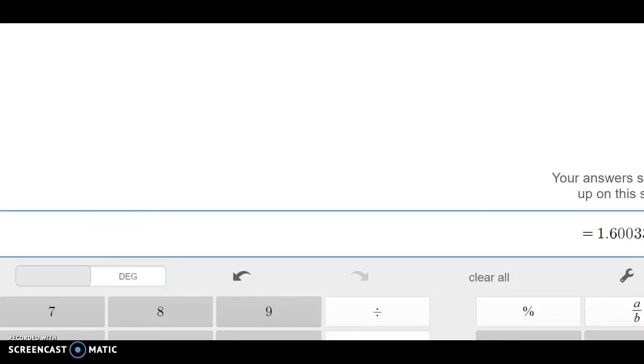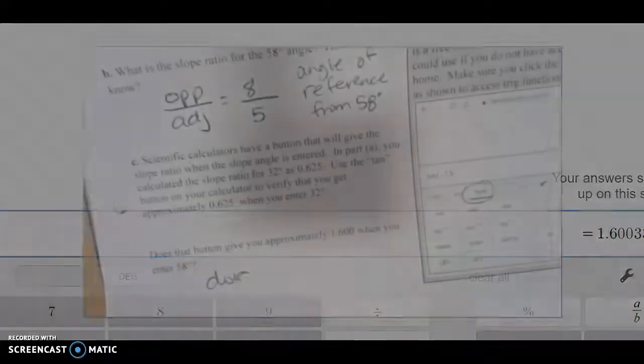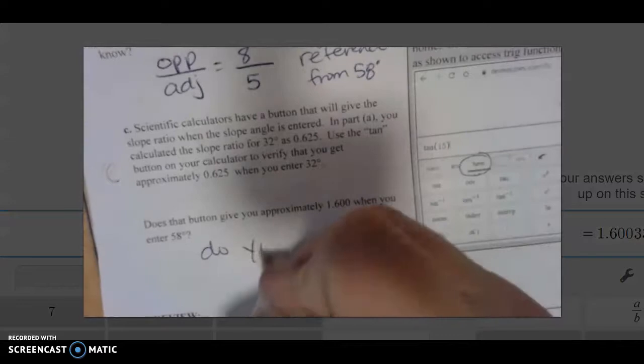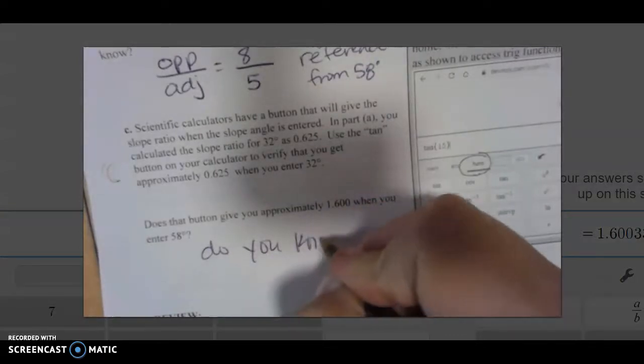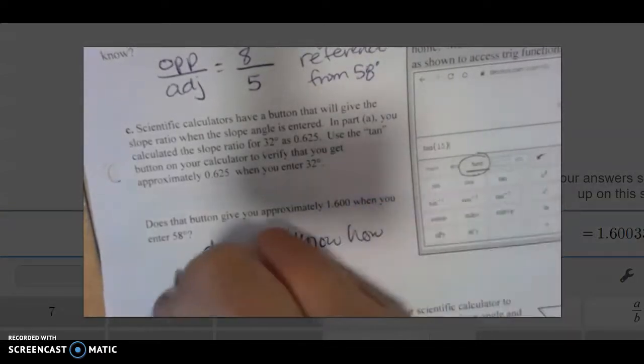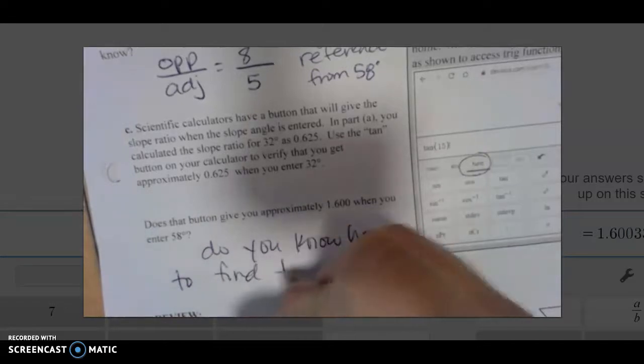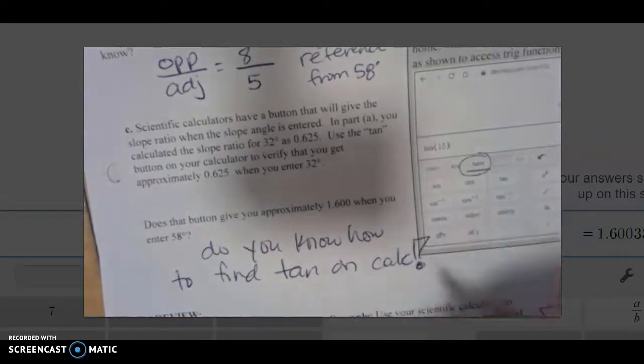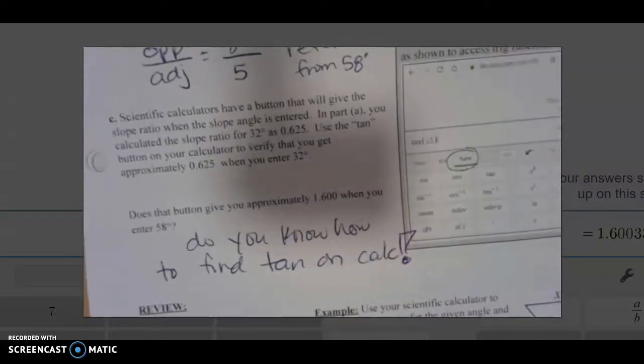All right, so we're going to go back to our paper. Okay, do you know how to find tangent on the calculator? That's what you want to make sure you know what to do to be able to find tangent. All right, so here's an example.